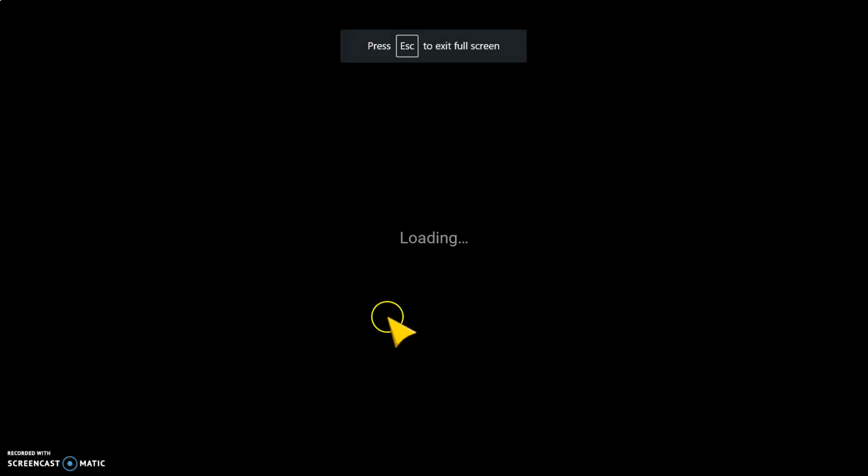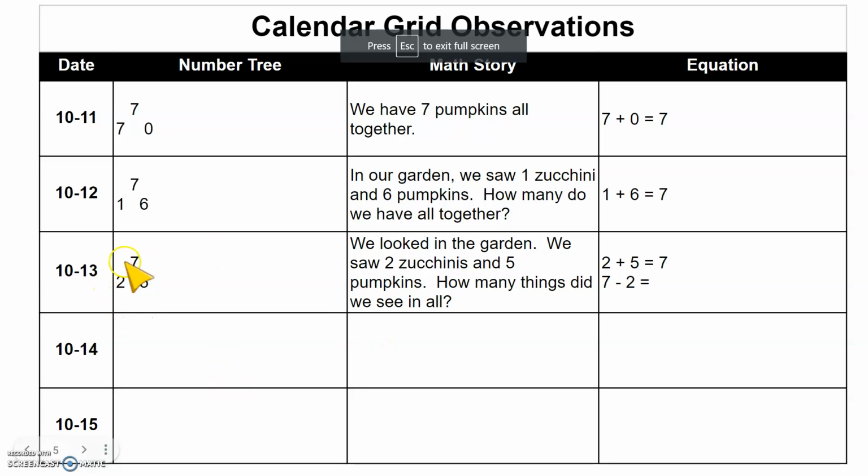Can I show you something on our chart? Let's say that we use our number tree to get that answer. I want you to see that 2 plus 5 makes this big number on top, 7. But if we didn't have one of the numbers on the bottom, we could still use this number tree to help us figure out that missing number.